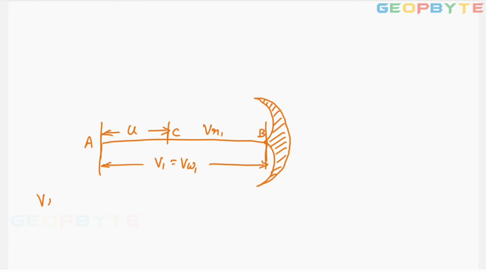Let AB be the jet velocity. The jet velocity equal to VW1. And AC be the blade speed U. And BC be the relative velocity VR1. Here VR1 equal to V1 minus U.